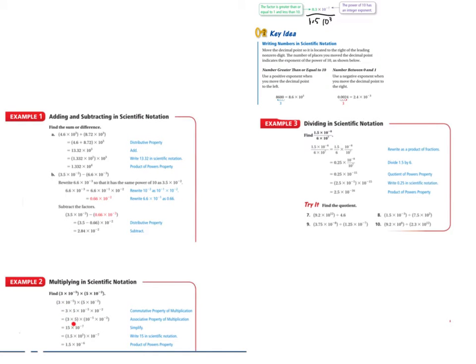So you notice right here, you can forget all this stuff. Basically, they just took the first two numbers and multiplied them together, giving it 15.